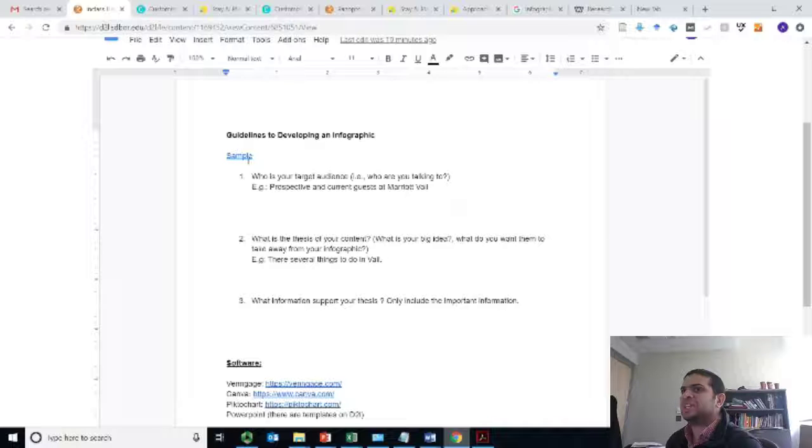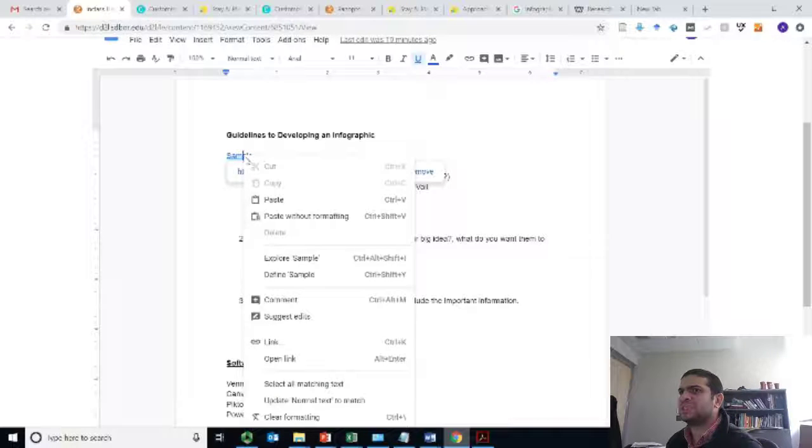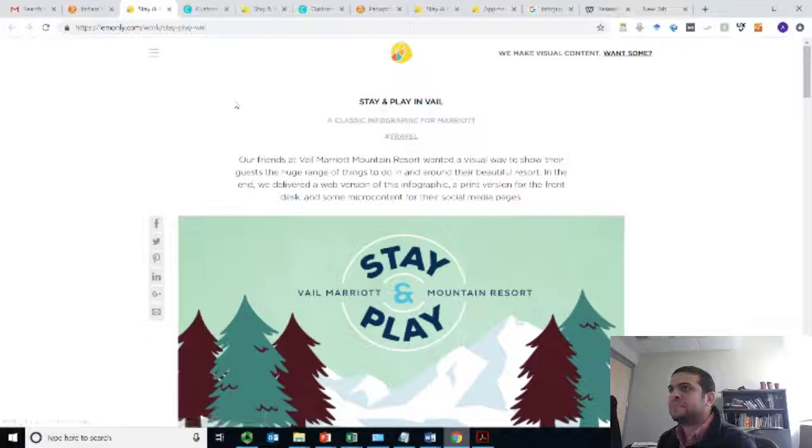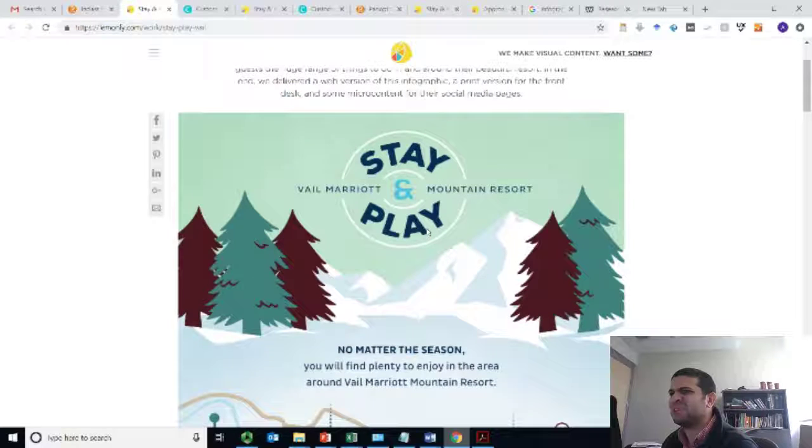Okay, so let's take an example over here, and this is about Marriott in Vail, Colorado. If you take a look at this infographic, which was prepared by Lemonly, a company that is specialized in infographics in Sioux Falls, it is basically about the different activities that people can do around Vail in Marriott. This is clearly targeted towards people who are planning on visiting the area or are already in the area.